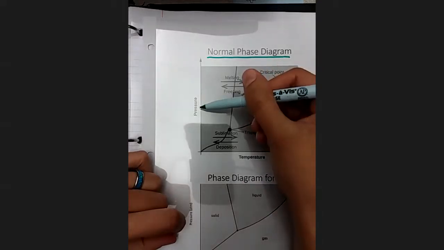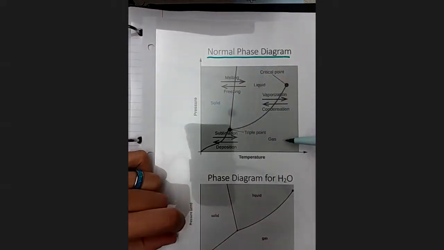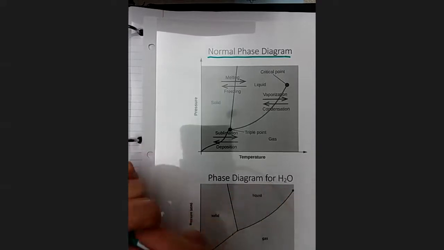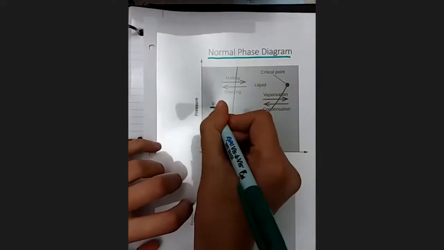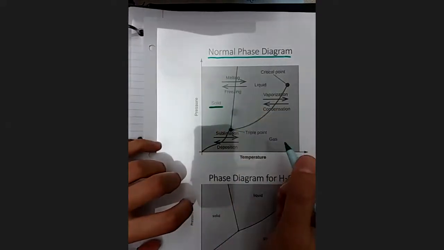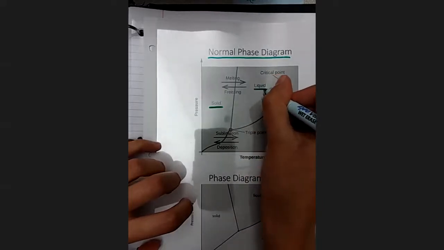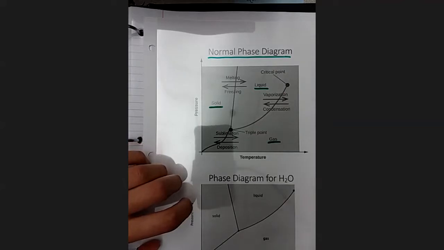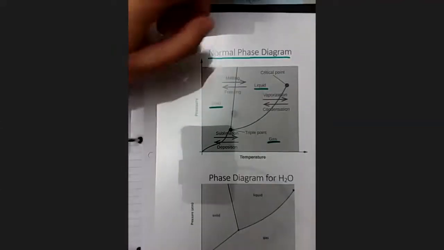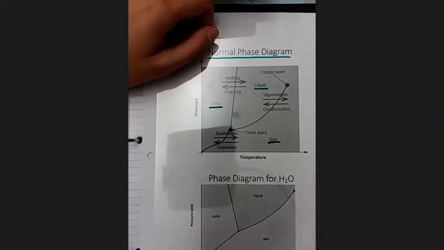And just like we predicted about pressure, gas at low pressure, solid and liquid at high pressure. So we have our solid on the top left, gas on the bottom right, and liquid in whatever space is left. So you will need to be able to label where these are in the picture.